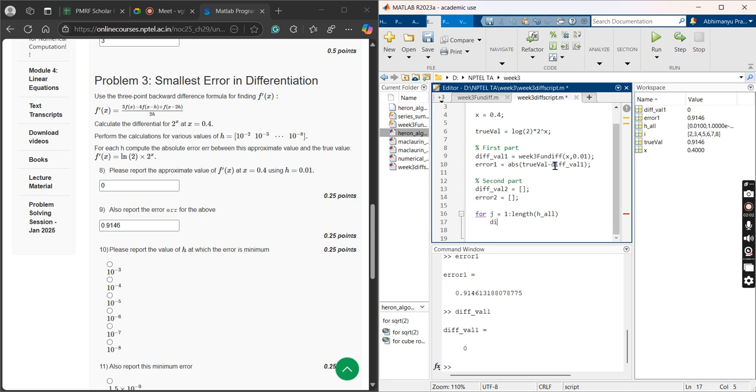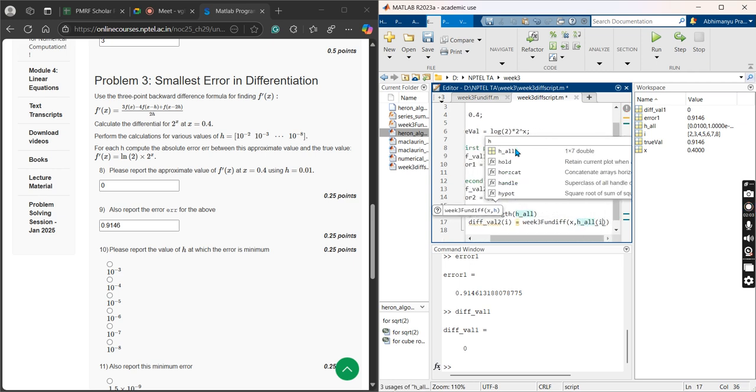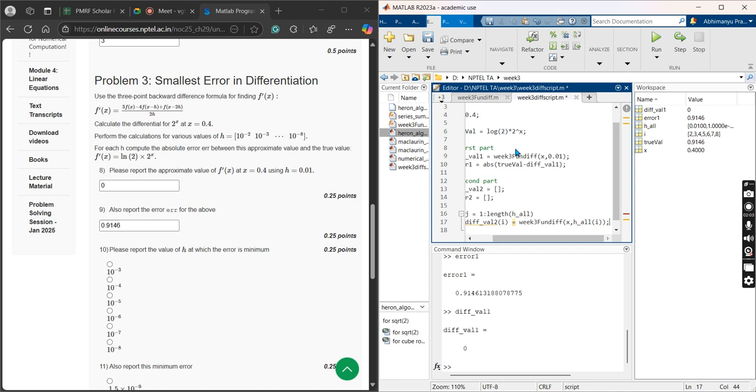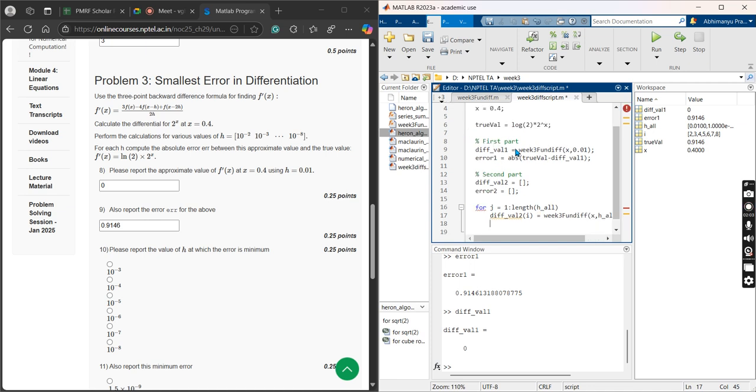I just need to run the same thing 8 number of times. So diffval2 I is equal to the week 3 function diff, x would be the same, and my h all I.